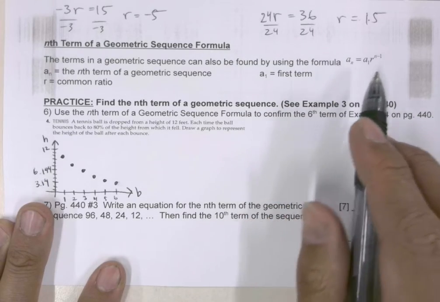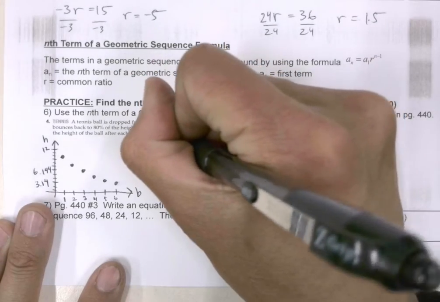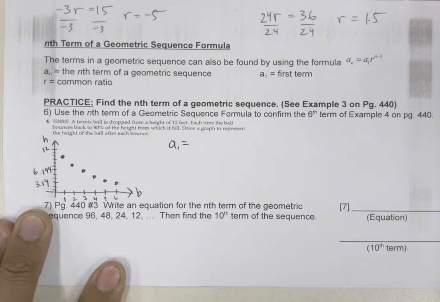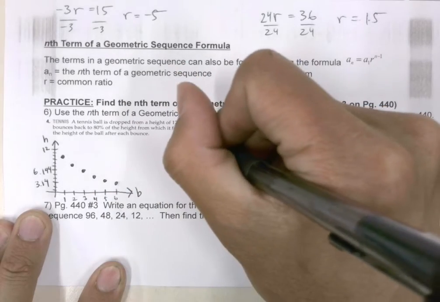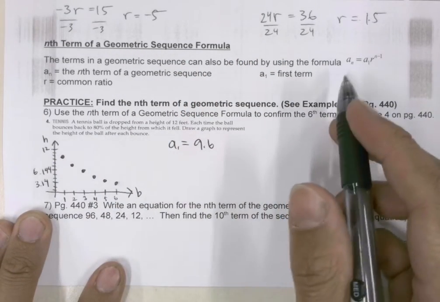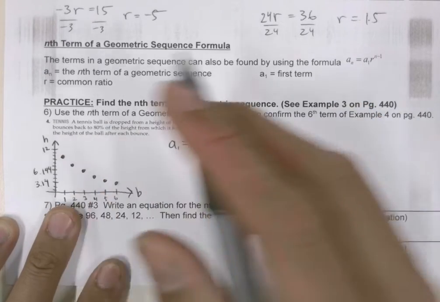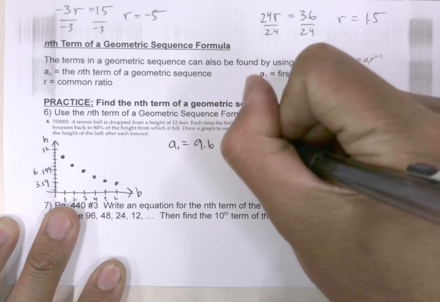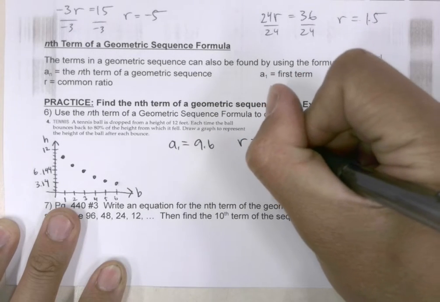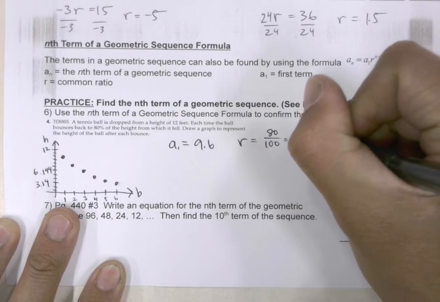To use this formula, we need to identify a sub 1, which is equal to 12 times 0.8, so 9.6. And then we also need our r, the common ratio, and that is 80%, but in decimal form, so we're dividing by 100, and that equals 0.8.